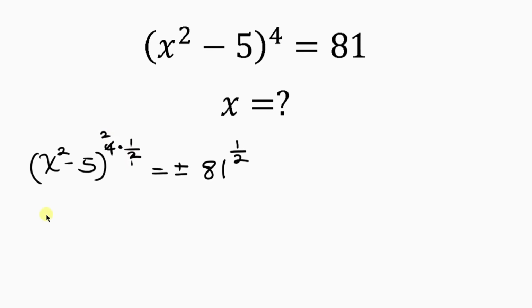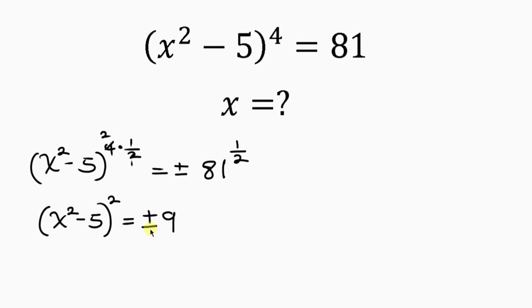So what I'm left with on the left will be (x² − 5)² to be equal to plus or minus. Now remember that an exponent with 1/2 means square root. So the square root of 81 is 9.